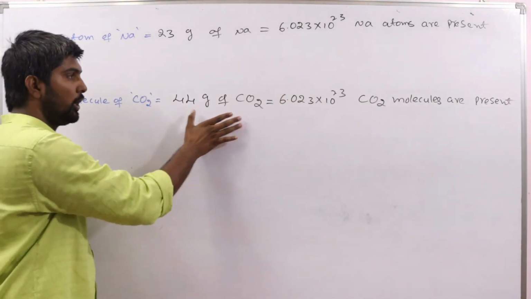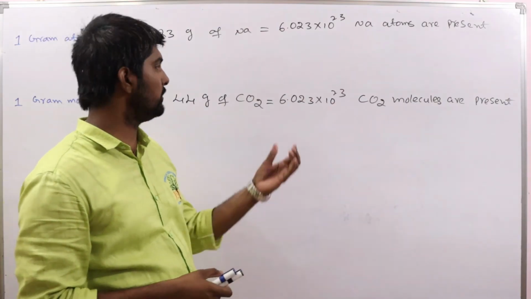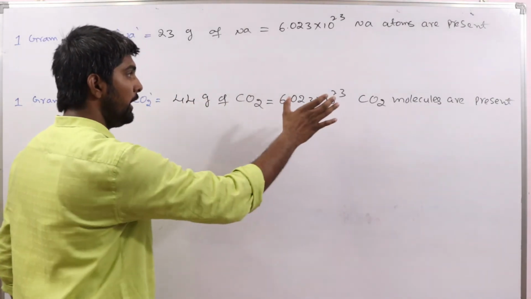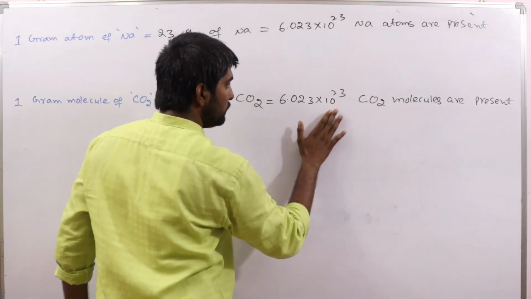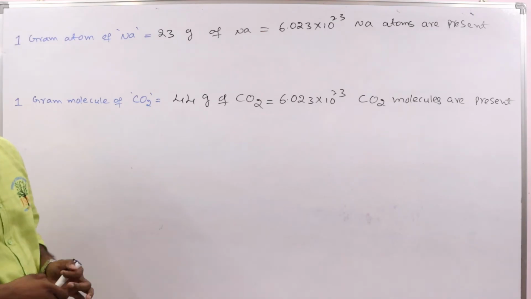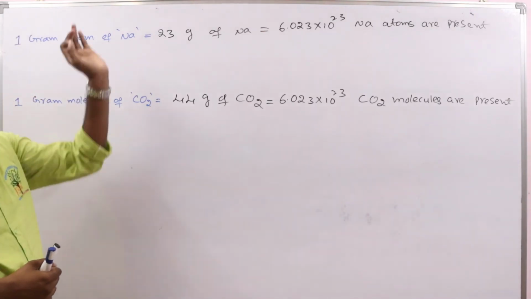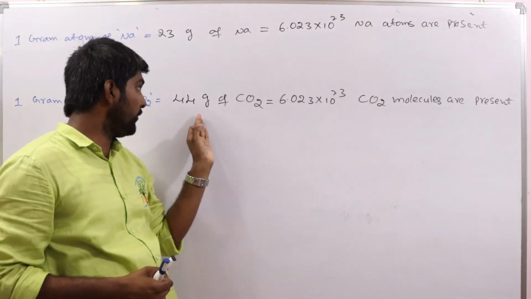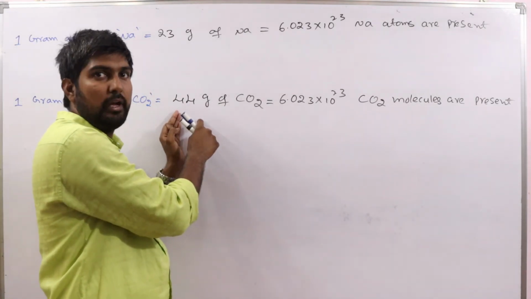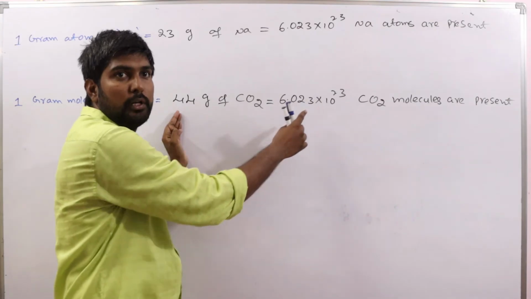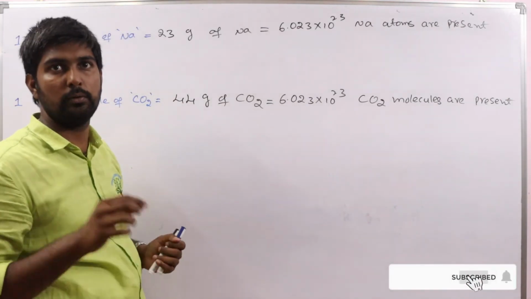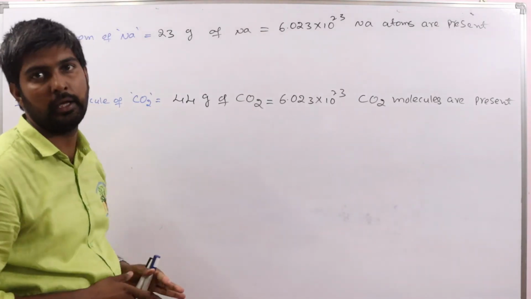In 44 grams of CO2, how many CO2 molecules are there? The weight of 6.023 into 10 power 23 CO2 molecules is equal to 44 grams. Understood? This 44 grams is the weight of these many CO2 molecules, not the weight of one CO2 molecule. You should understand that clearly.